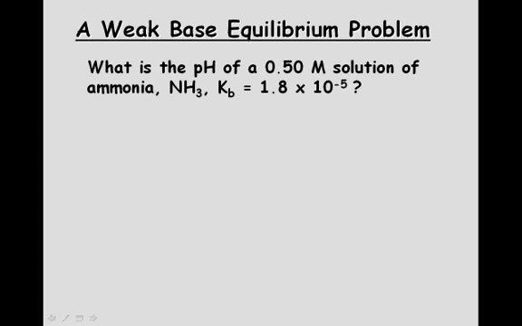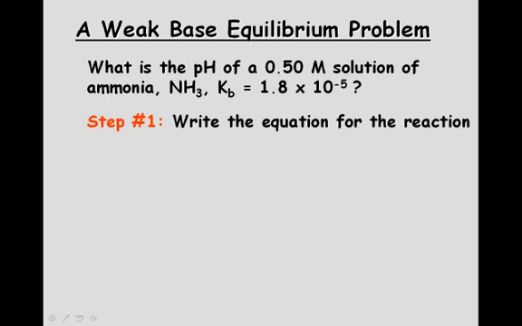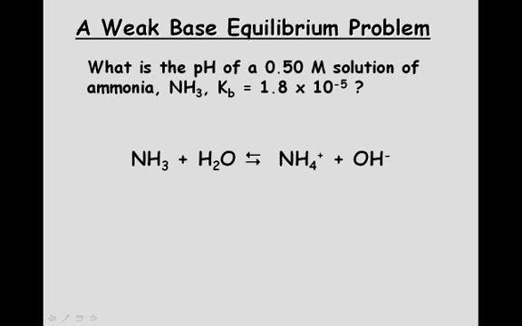Now if we take an actual example, this is ammonia, and we want to calculate the pH of a 0.5 molar solution of ammonia. Just as with the Ka problem, we want to write the equation for the reaction. So we're going to take the NH3 and we're going to react it with water. The hydrogen comes off the water, so we get NH4 plus produced, and then OH minus.